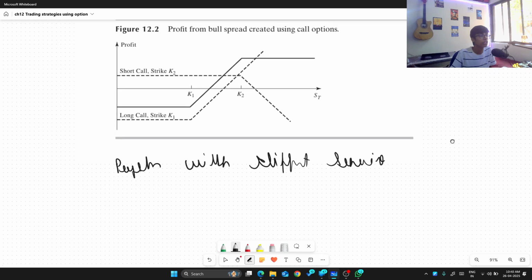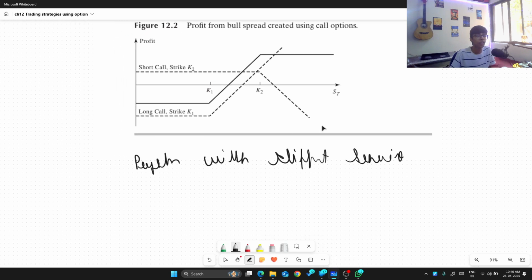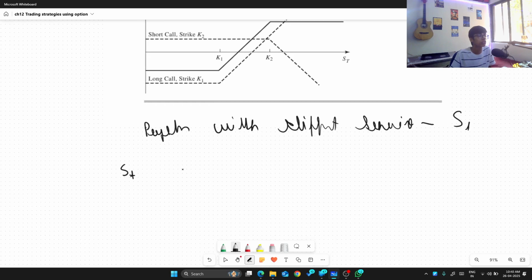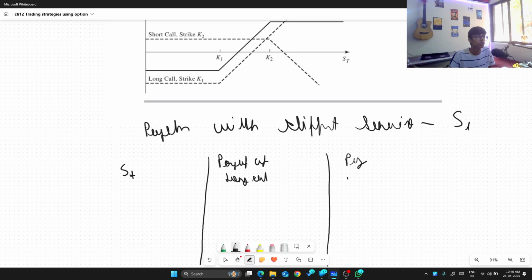So we will see the payoff in different scenarios at maturity ST, where ST is the price at maturity of the option. Let me get the payoff from the long call option, the payoff from the short call, and the total payoff.